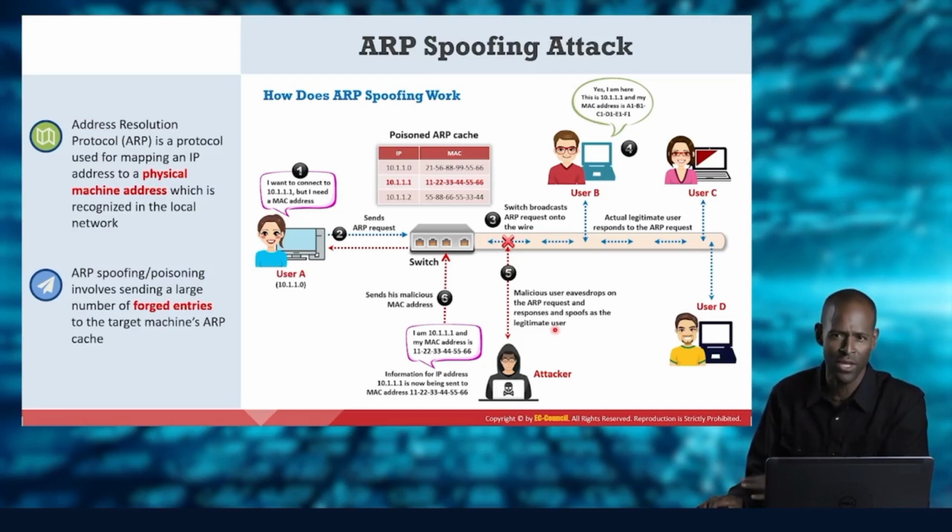I'm not sure why they do the evil laugh. But anyway, what happens now is the MAC address in the ARP table of this user has now been set to the MAC address of the attacker. So if this user tries to interact with this computer, it's not going to. The entry in the ARP table is forged, and when this user goes to 10.1.1.1, it'll be redirected to the attacker's machine.